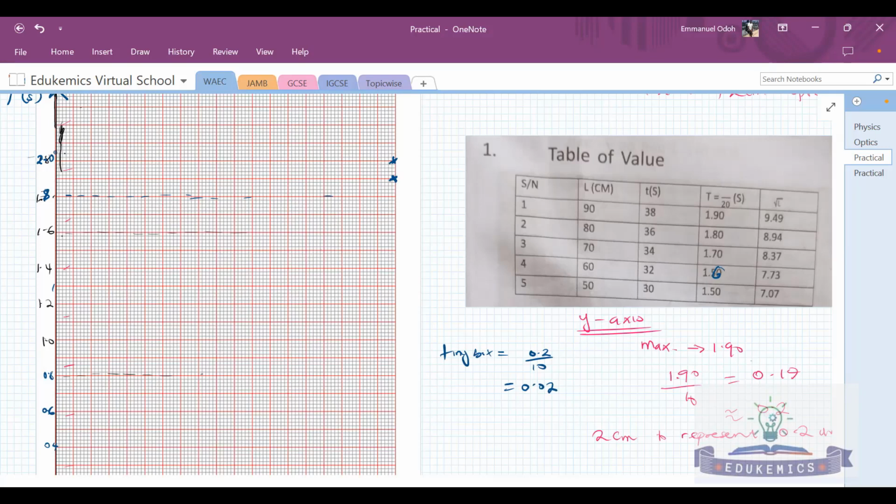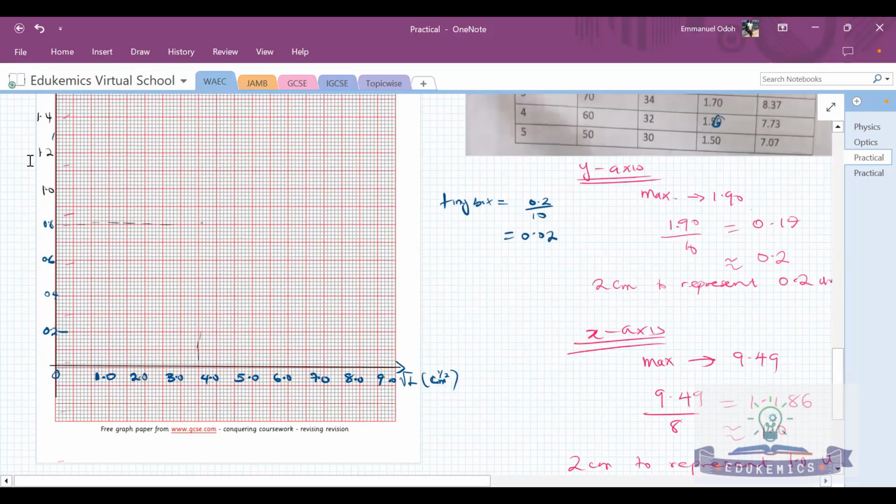This is 1.8, 8.94. This is 4, 1, 2, 3, 4. 4 is somewhere here. This is 8, this is 9. Let's see, this is 9. This is 8.